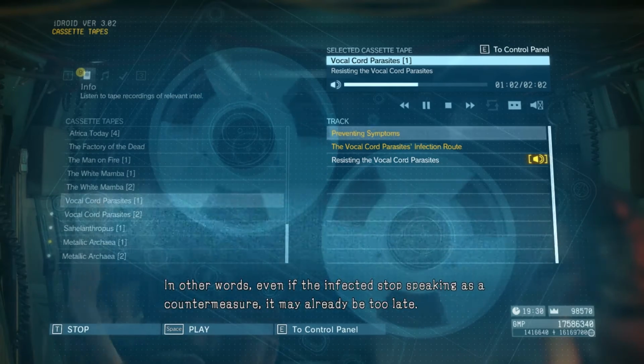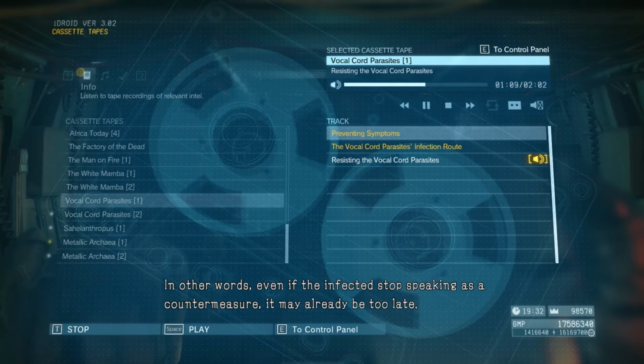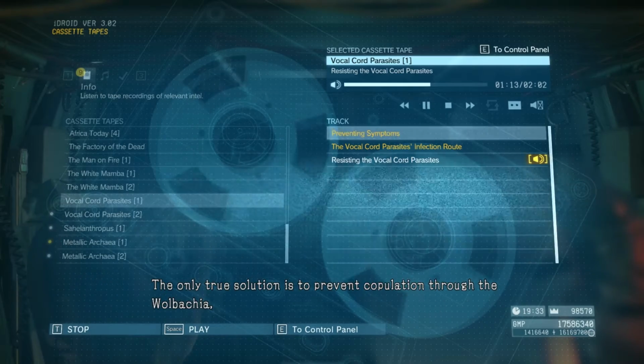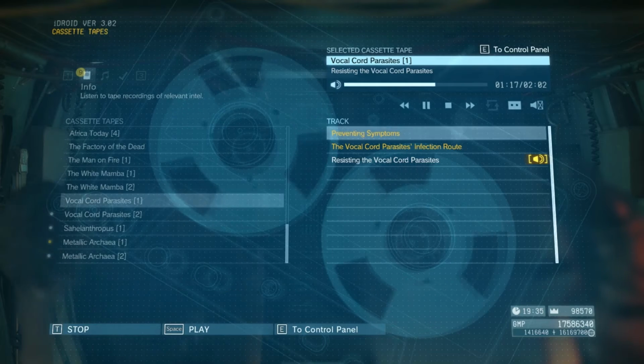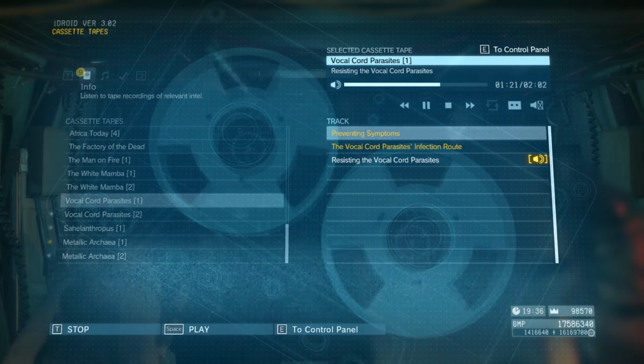In other words, even if the infected stop speaking as a countermeasure, it may already be too late. The only true solution is to prevent copulation through the Wolbachia, or by physically removing the affected tissue.